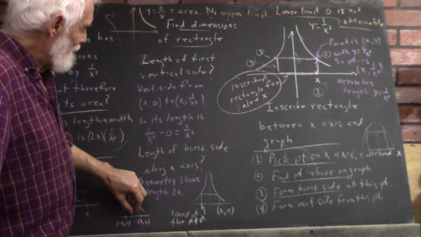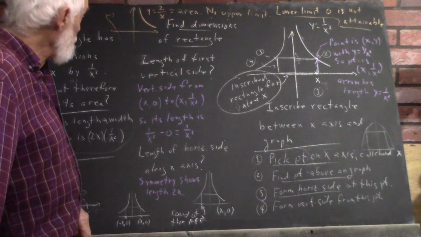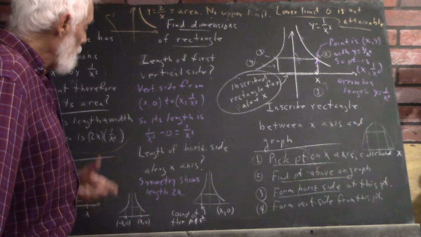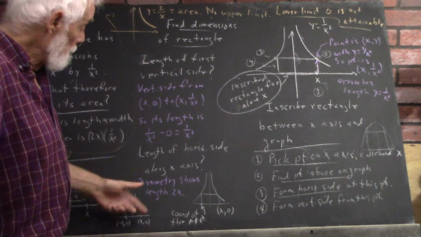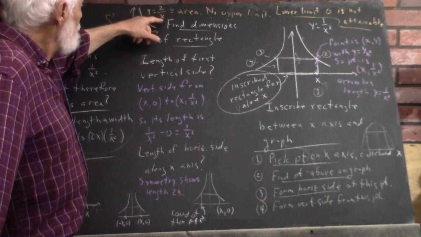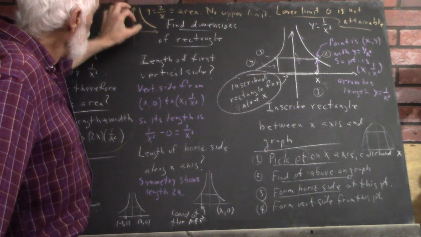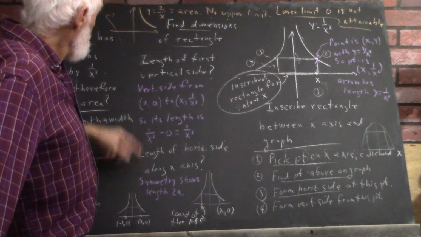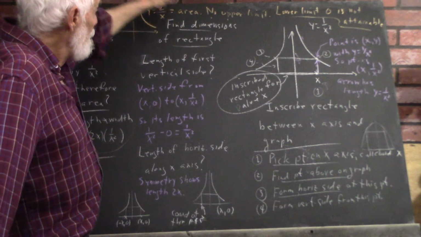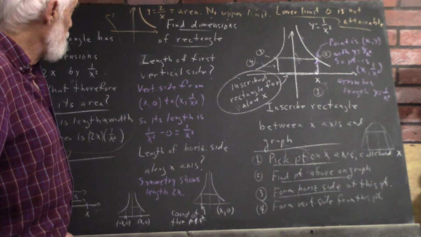And the rate at which it gets high exceeds the rate at which it gets narrow in such a way that the area is unbounded. There's no upper limit on the area that you can get from a rectangle using this graph. So as x goes to 0, as you move closer and closer here, this big long rectangle has an area that approaches infinity.